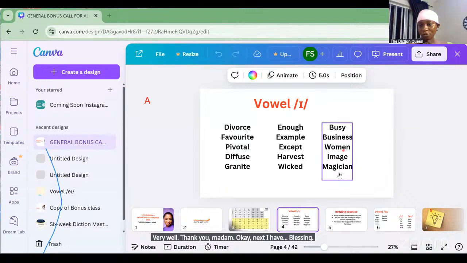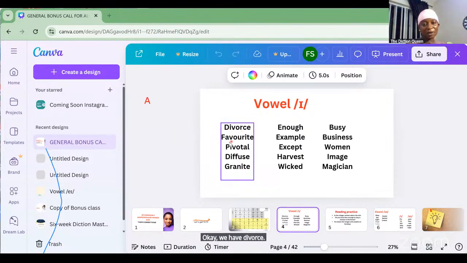Okay, next I have Blessing. Blessing, please unmute your microphone. Good evening, Blessing. Please pronounce the words. Divorce. Favorite.